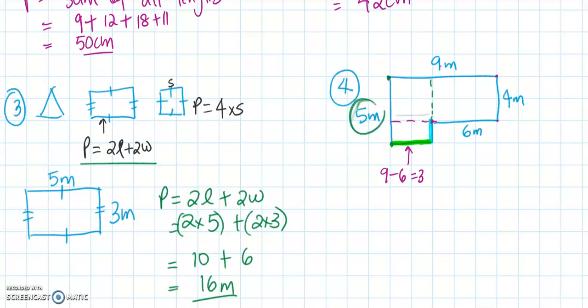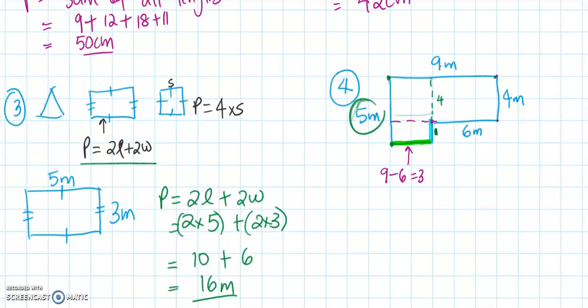If I just travel across, from there to there is 4. So the amount that's remaining from the 5 is 1.